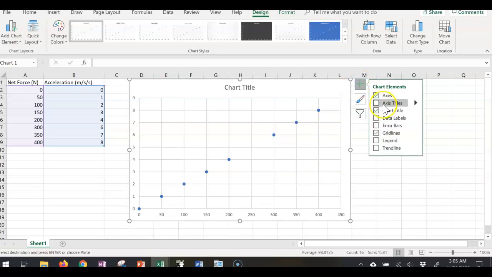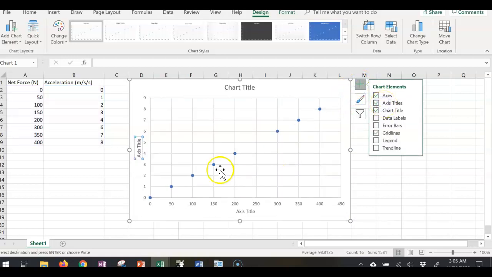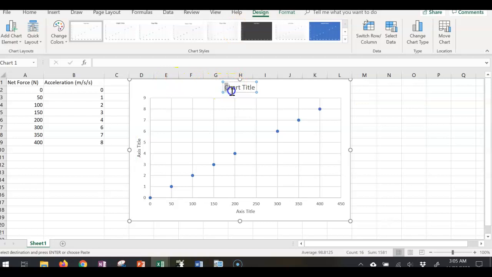I'm going to add axis titles, and let's put some nice labels on this. So the label above the graph is acceleration versus net force.